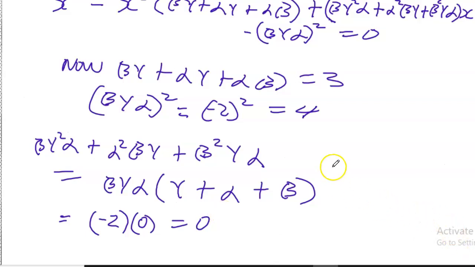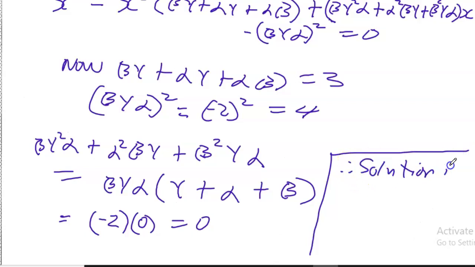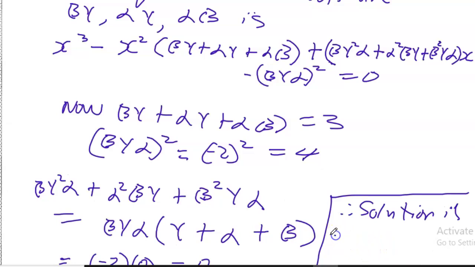So therefore the solution is the cubic equation x cubed, let me just remind you what the equation was, x cubed minus the sum of the products, which will be minus 3x squared, and the second to last term will be 0, of course, and then the constant, that's minus 4.